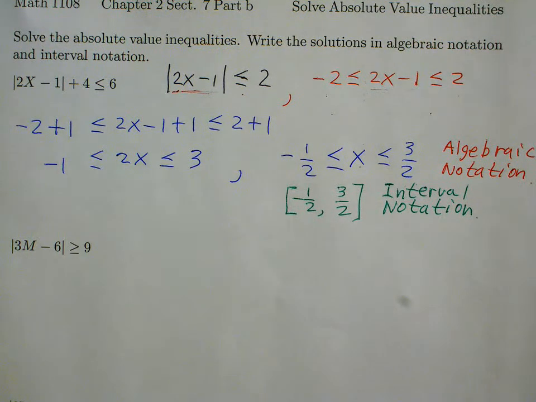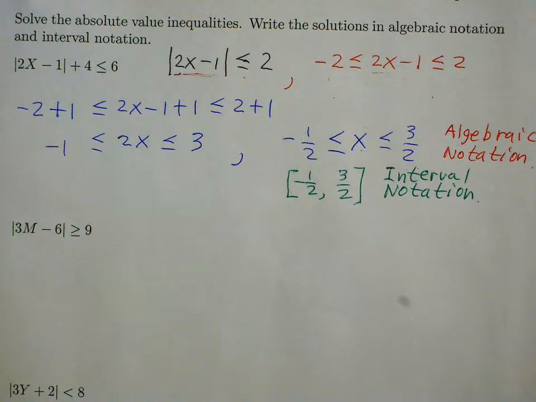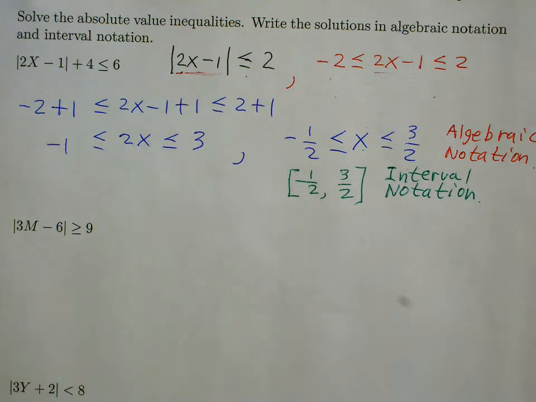Okay, the next example, this time we have the absolute value of 3m minus 6 is greater than or equal to 9. So think about what that means. 3m minus 6 just represents a number. So where on the number line are the numbers whose absolute value is greater than or equal to 9?